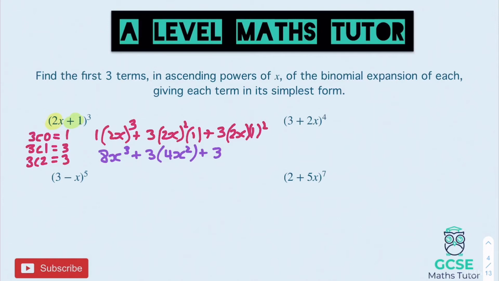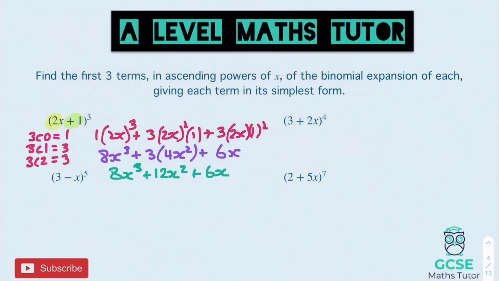We could probably just work that out straight away. 3 lots of 2x, which is 6x. There we go. And then we just need to simplify obviously that piece in the middle there. So we've got the 8x cubed. 3 lots of 4x squared is 12x squared. And then we've got the 6x at the end. There we go. And there's our first 3 terms for the first one.